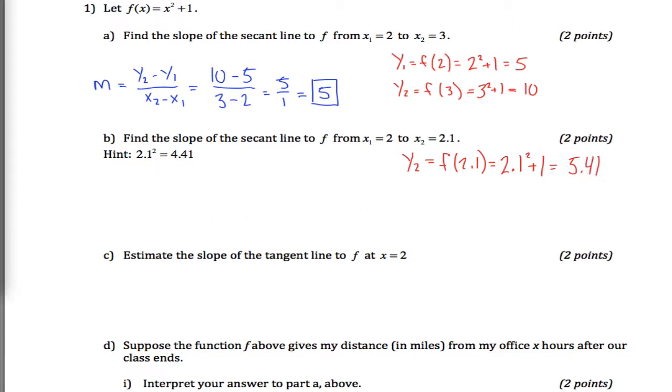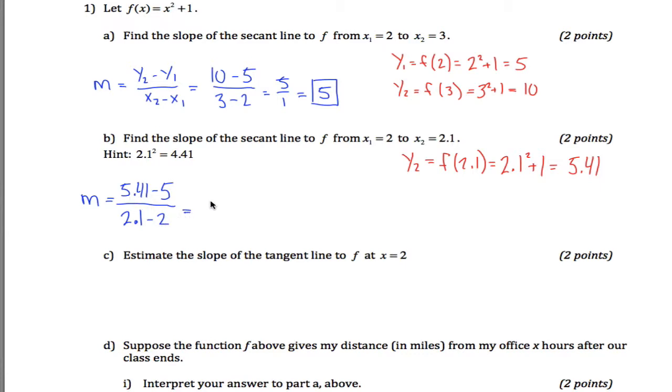And now I can do the same calculation and say the slope is the change in the y values, y2 minus y1, over the change in the x values, x2 minus x1. So it's 5.41 minus y1, which is still 5, over x2, given here as 2.1, minus x1, which is 2.